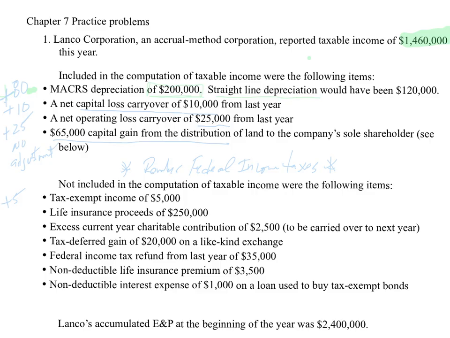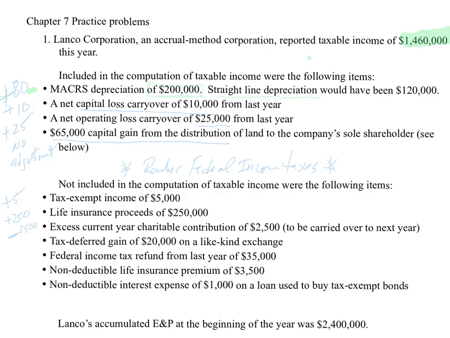Again, life insurance proceeds are not taxable, so they're excluded from taxable income, but they certainly impact our economic situation. Okay. Excess current year charitable contributions, they get to be carried over to the next year for tax purposes. But for E&P, what do we get to do? Well, we get to subtract these out.